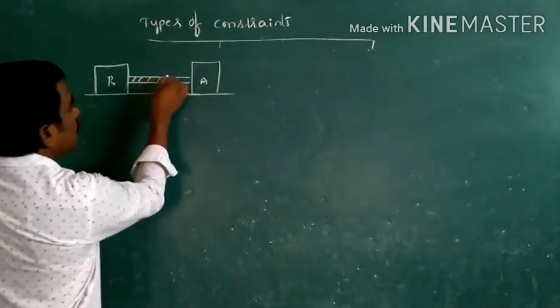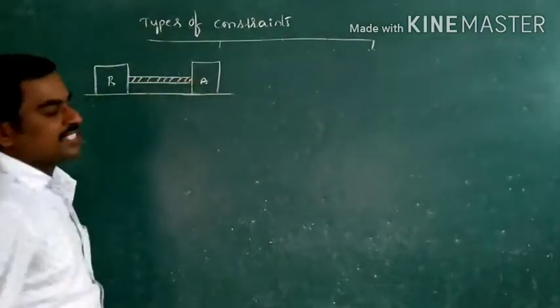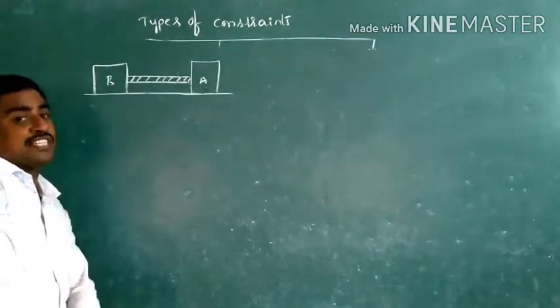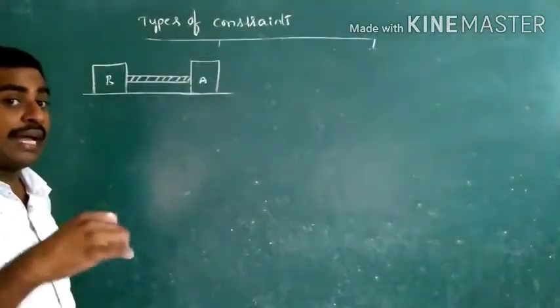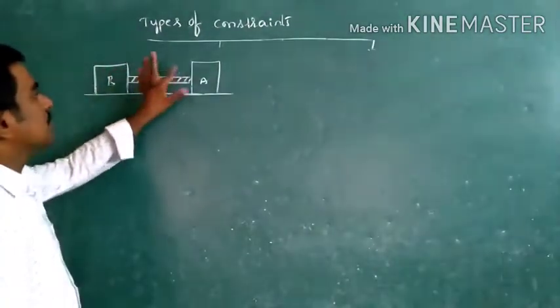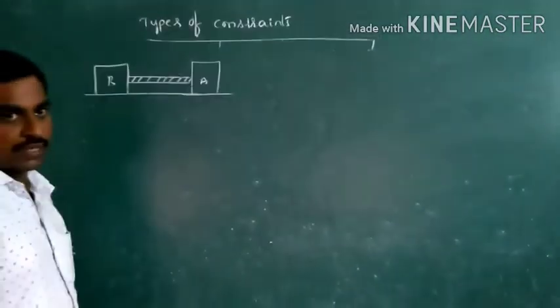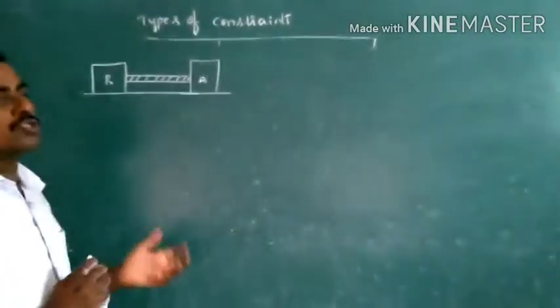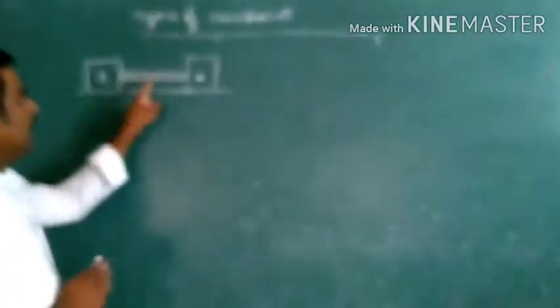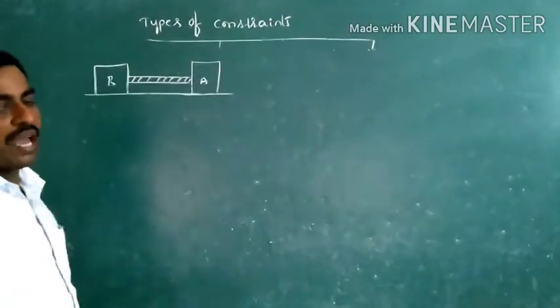This iron rod is also light and inextensible. Light means the mass of the rod is negligible. Actually there is a mass, but we are assuming it negligible, and there is no expansion along their length.